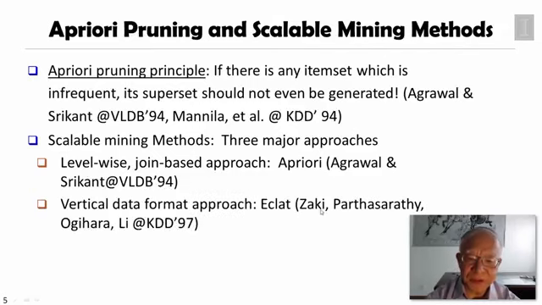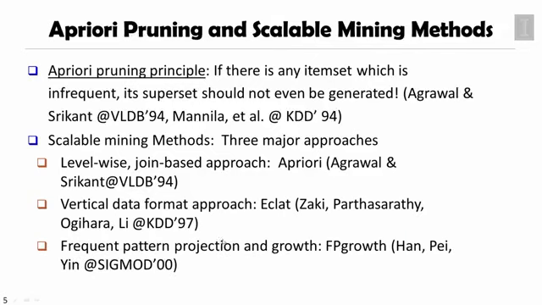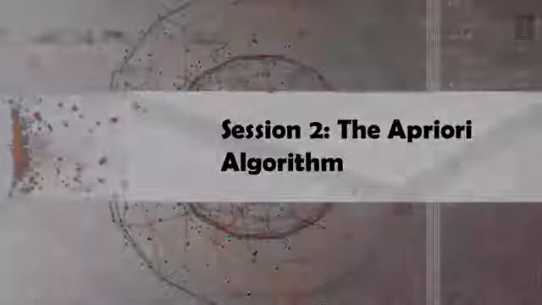Another method was developed by Zaki et al., called ECLAT, which is based on vertical data format. Then the third approach essentially is pattern-based. It's frequent pattern projection and growth, a pattern growth approach called FP-growth, developed by us in the year 2000.